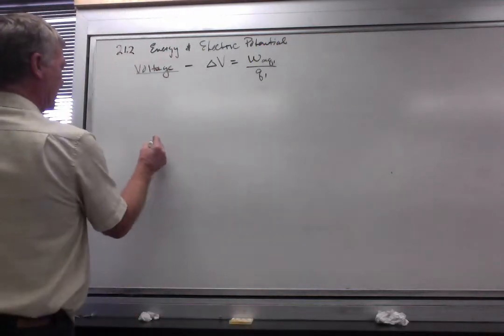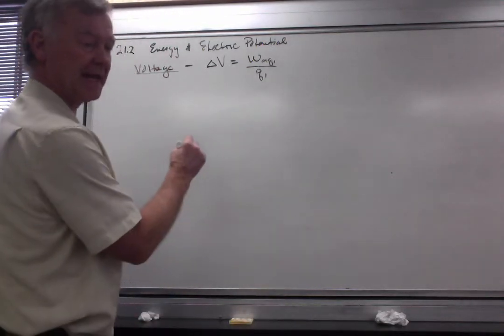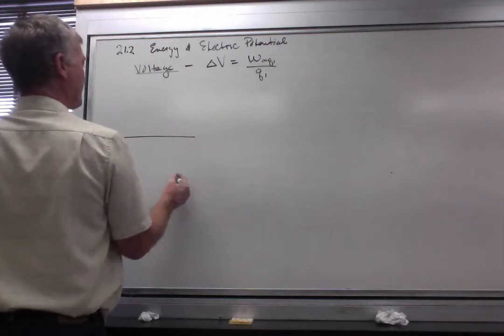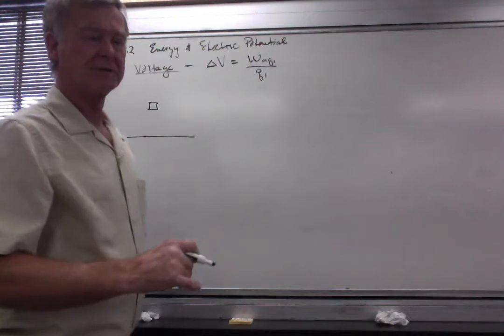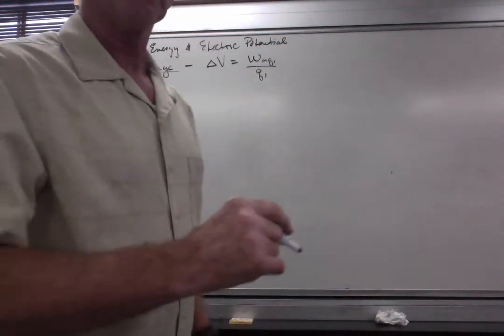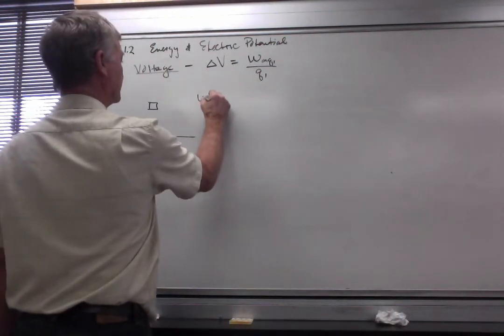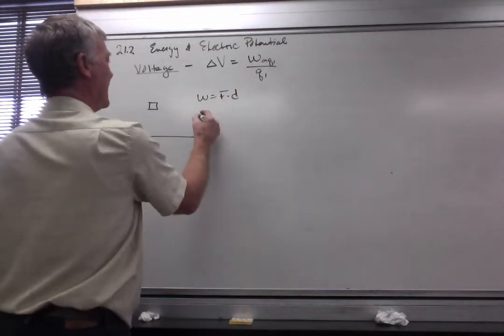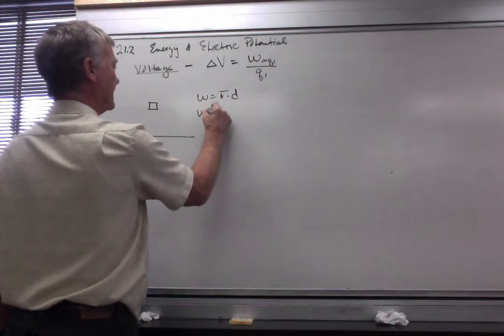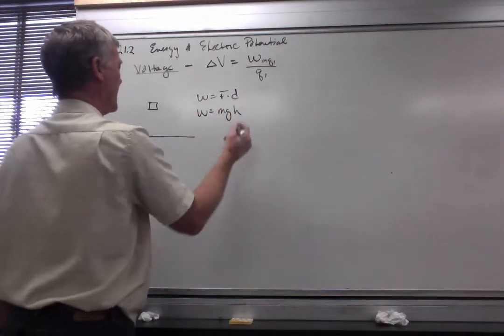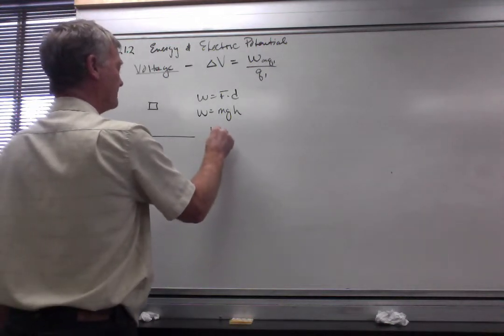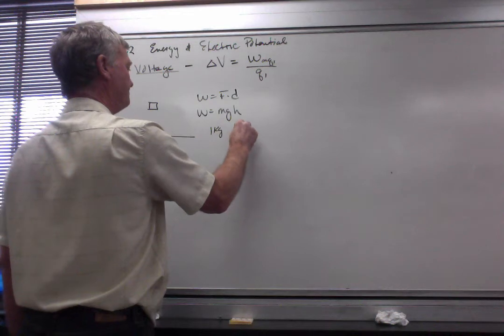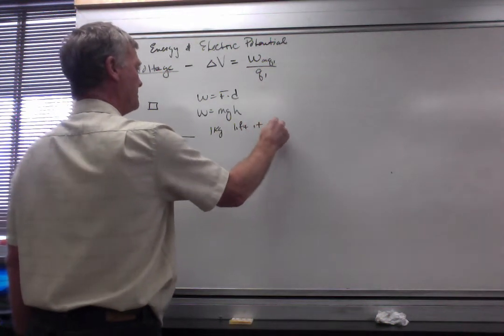So think about having here's the Earth, and I lift an object up. We learned way back when that work is always force times distance. And force, in this case, is mass times gravity times height. So, this is review, I have 1 kilogram, and I'm going to lift it say 1 meter.